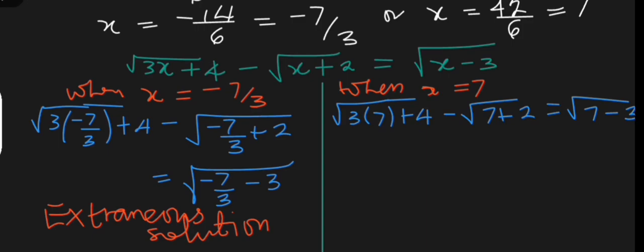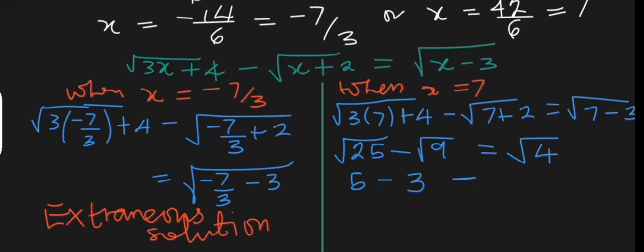Then 3 times 7 is 21 plus 4, that should be the square root of 25, minus the square root of 9, while on the right hand side that would be the square root of 4. This is 5 minus 3 on the left, on the right it is 2, and since 2 is equal to 2, the conclusion will be that x equals 7 is the solution to the radical equation.